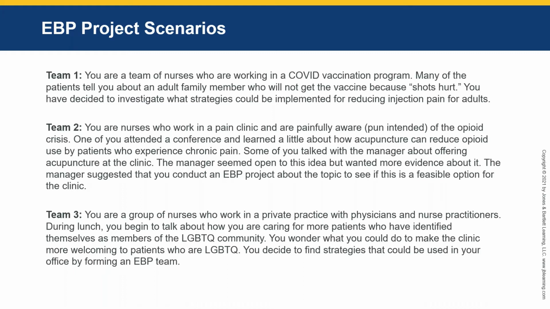The second is about nurses working in a pain clinic who want to investigate whether acupuncture will help reduce opioid use. The third is about caring for members of the LGBTQ+ community and how we can make our healthcare environments more friendly for that population.